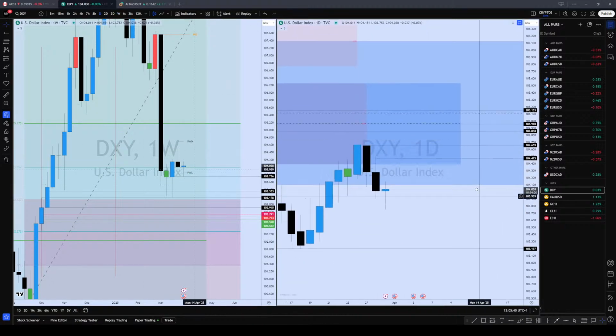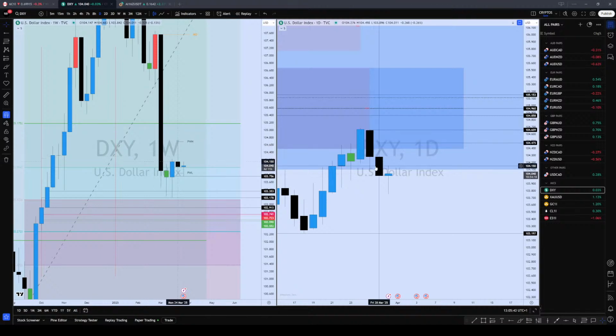Hence, on the daily, you can see we have printed two down candles trading through this down candle here. Now, that is a big change for me, because they've managed to trade through this down candle that they closed above. Going forward, this candle's high, if we close above it, then we might start going up to attack this high here before we resume going lower.